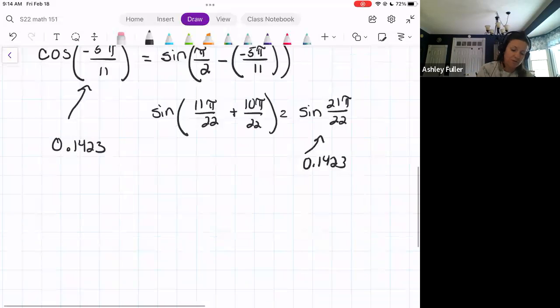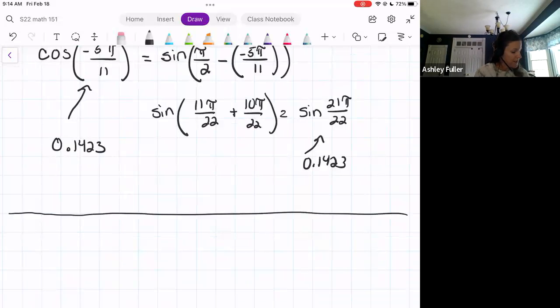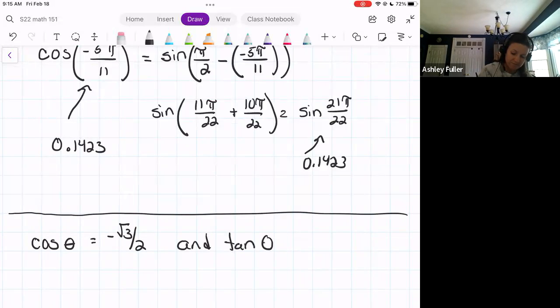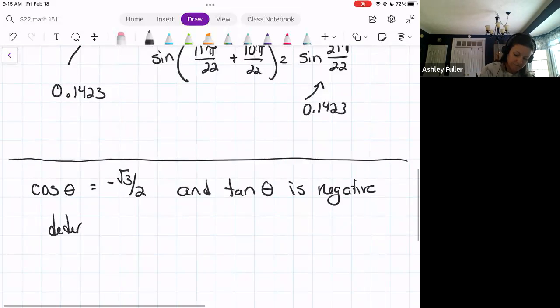Another way that we might use these relationships between trigonometric functions is if we're trying to determine a certain value given one value. For example, if I know that the cosine of theta is negative square root of 3 over 2, and that the tangent is negative, let's determine theta, and let's determine tangent.